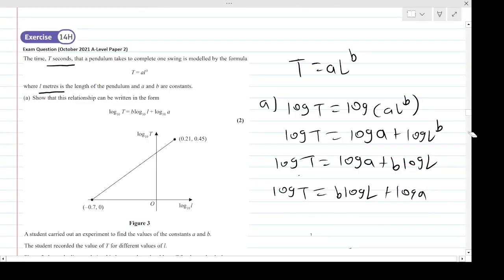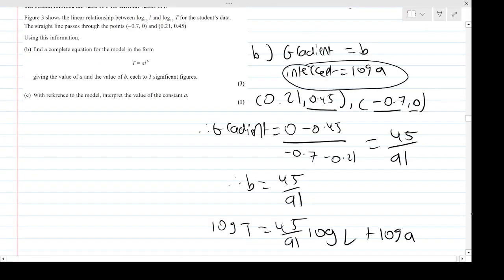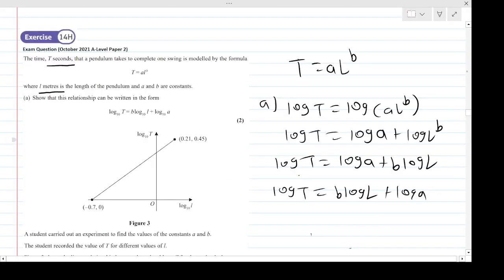Now log A, as we discussed, is the intercept of the line of the graph here. I'm not given the y-intercept, unfortunately. Obviously, we can see where it crosses this axis, but we're not given the point. So what we need to do is substitute another point in to find log A. It's probably best to substitute this point in, as it's simpler.